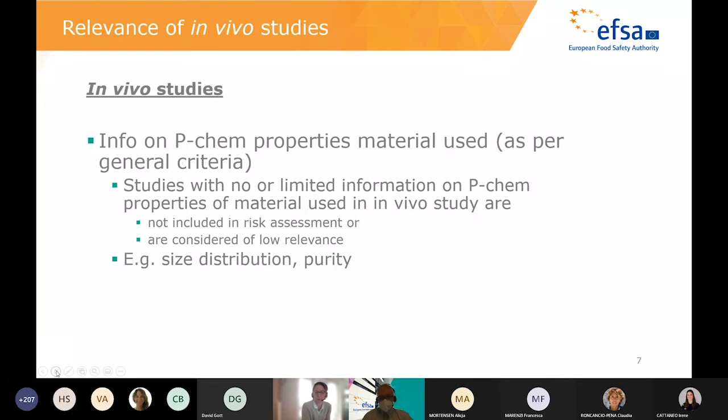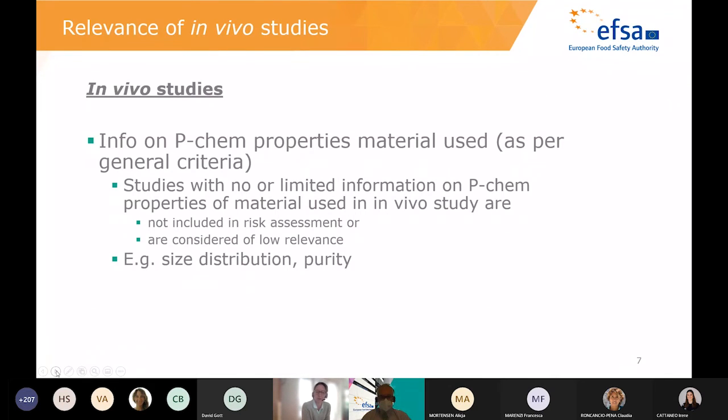It is a no-brainer, because you just want to know what kind of material has been used in your existing in vivo study. And if this information is not available, the study can be seen as not relevant for the risk assessment or considered of low relevance.